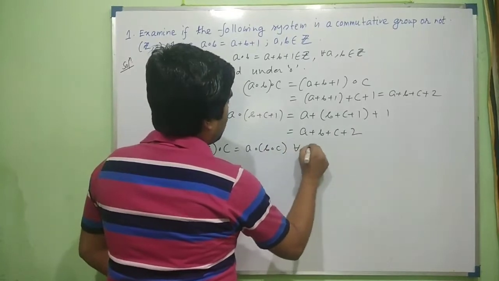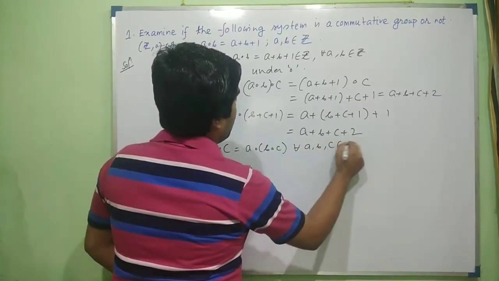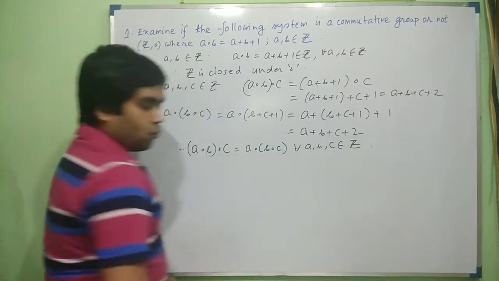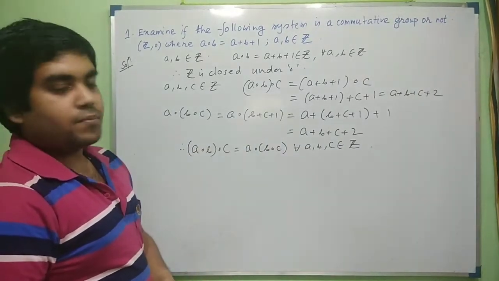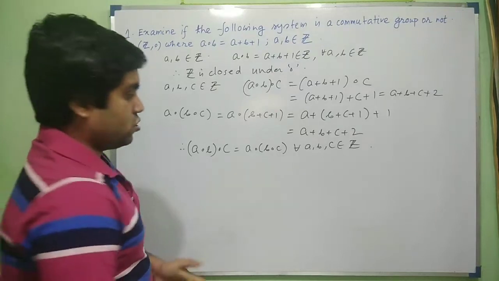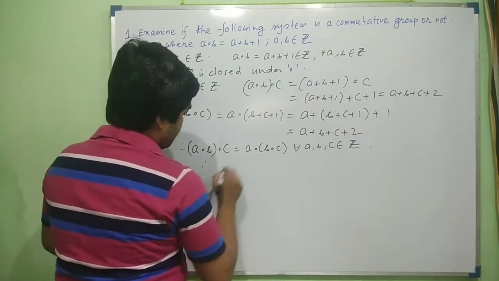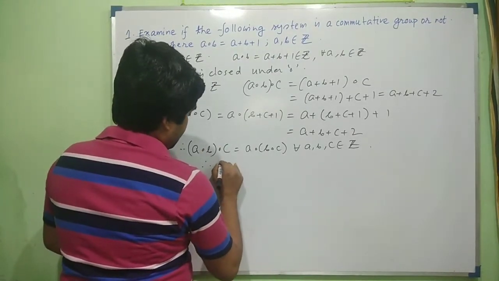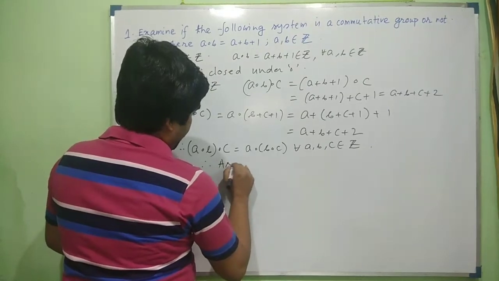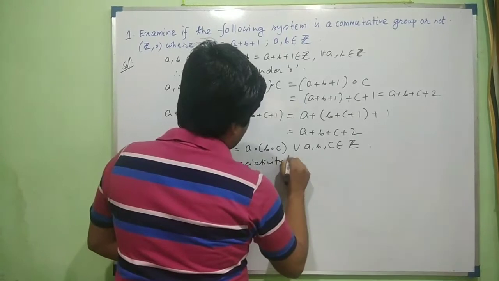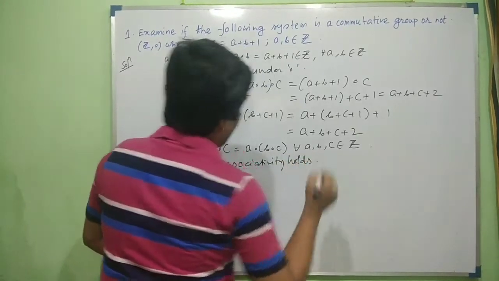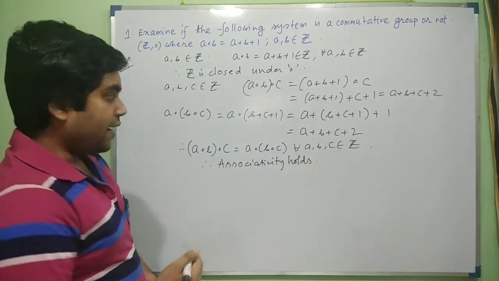This holds for all a, b, c belonging to Z. So we can see that the associativity of this system holds.